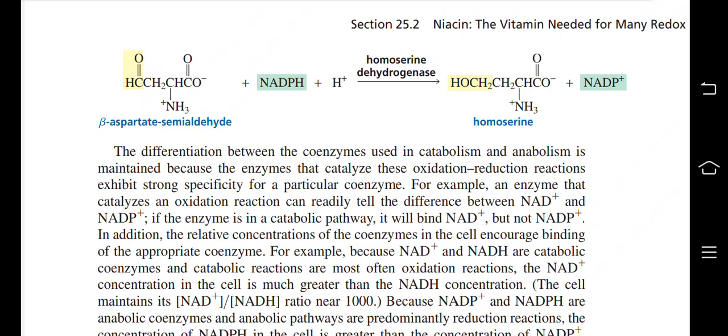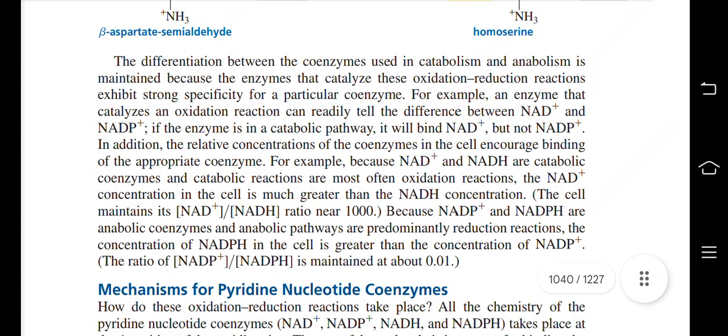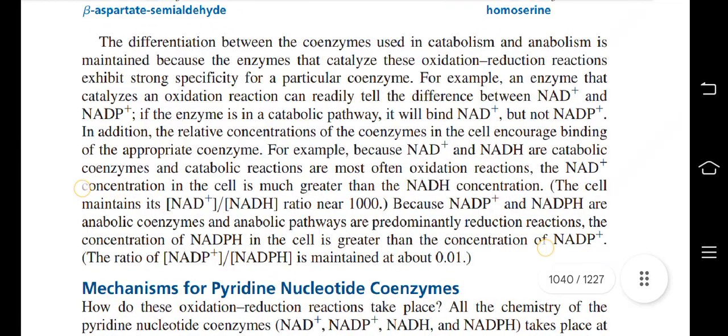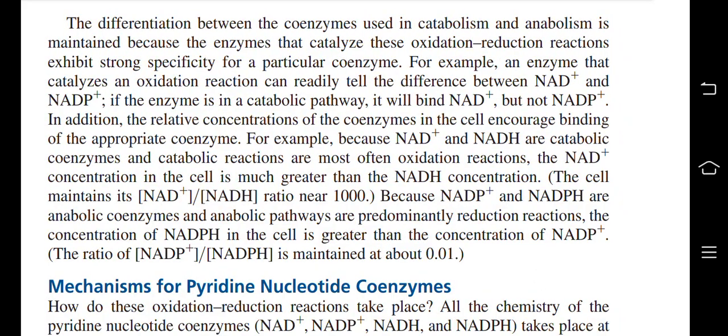If the enzyme is in a catabolic pathway, it will bind NAD positive but not NADP positive. In addition, the relative concentrations of the coenzymes in the cell encourage binding of the appropriate coenzyme. For example, because NAD positive and NADH are catabolic coenzymes and catabolic reactions are most often oxidation reactions, the NAD positive concentration in the cell is much greater than the NADH concentration.